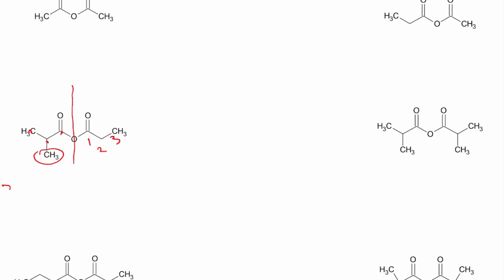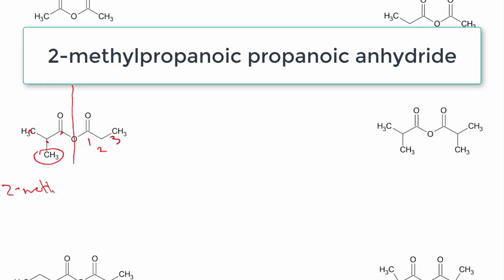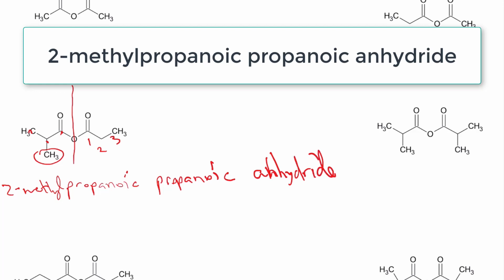So this will be a 2-methyl propanoic. And then I have to indicate the other side. This is a propanoic. And then anhydride to finish off. I will write that properly for you in a nice little box.